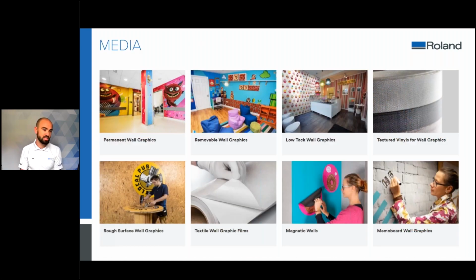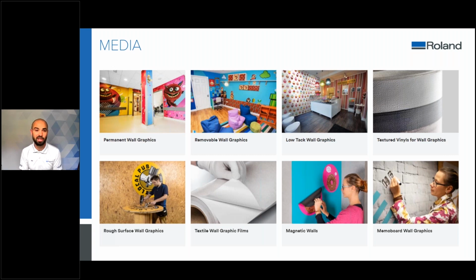Next, when we talk about materials, we've touched on a few of these, but there are so many different types out there. Some of the materials will be split by the type of adhesive that they have, rather than the type of face film or vinyl or surface film that they have. So when you talk about permanent wall graphics or removable wall graphics, these may be the exact same face film, but they will have a different adhesive. Permanent adhesives can be misleading because that doesn't mean that they're going to last forever.